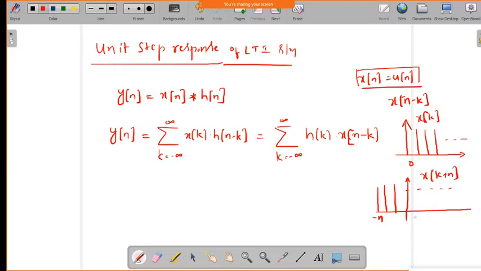Now if I reflect it, what will happen? It will become n minus k. If I reflect it, it will extend up to n, from minus infinity to n. Now if I substitute the value for x of n minus k, the amplitude is 1, but the summation varies from minus infinity to n.